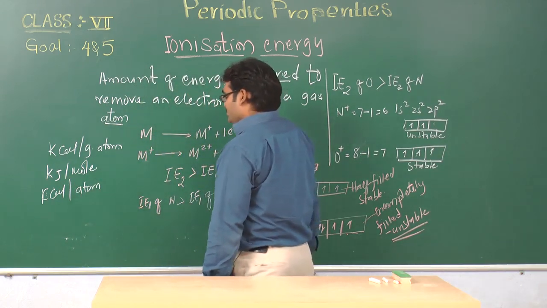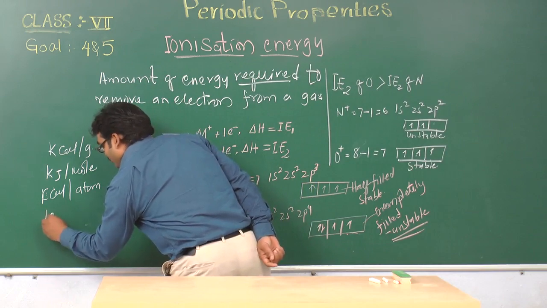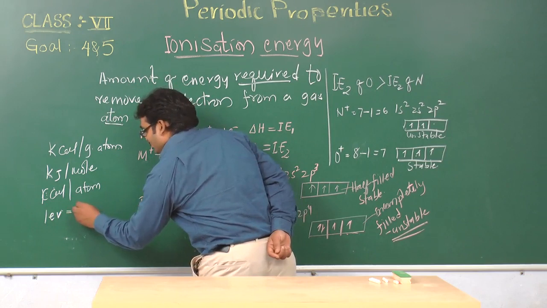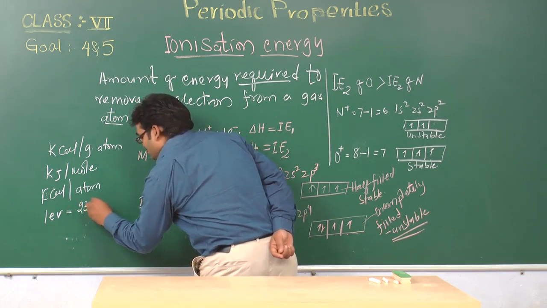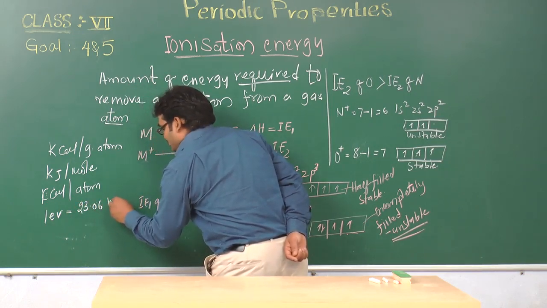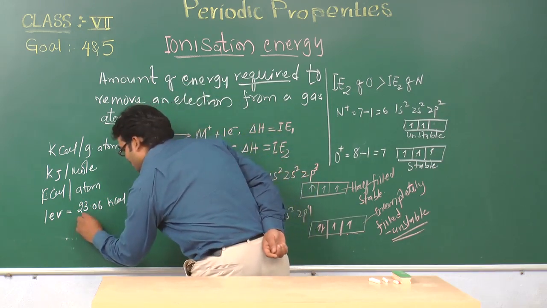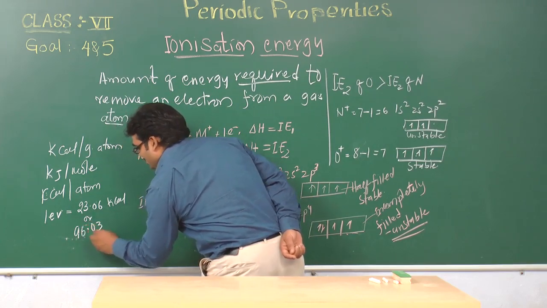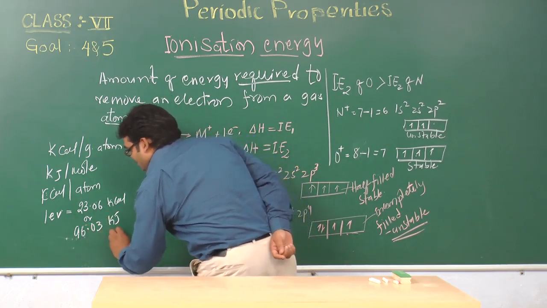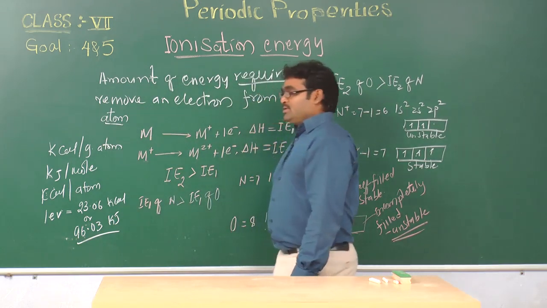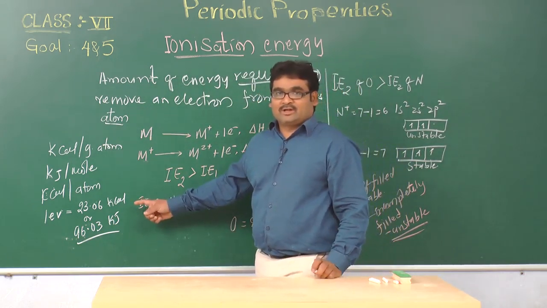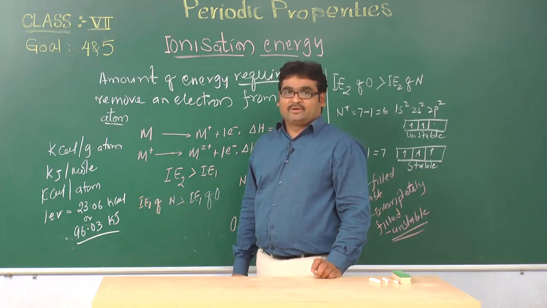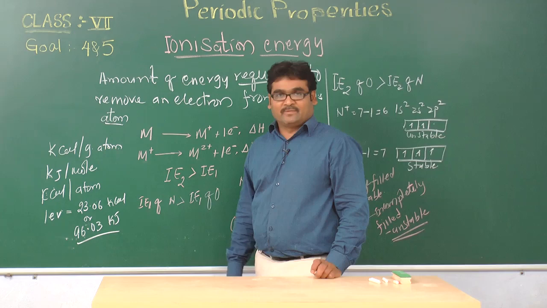The simple convention is 1 electron volt. It is also measured in volts. 1 electron volt is equal to 23.06 kilocalories, or 96.03 kilojoules. Okay, these are the units, or this is the way the energy required to remove an electron is measured.